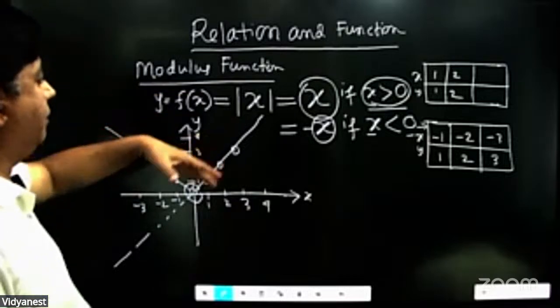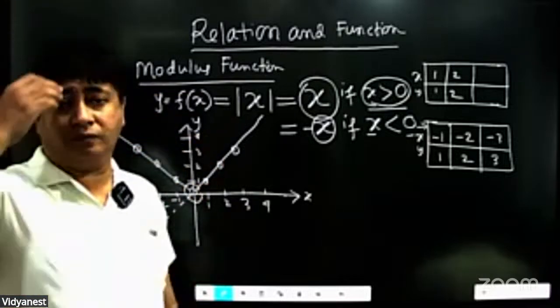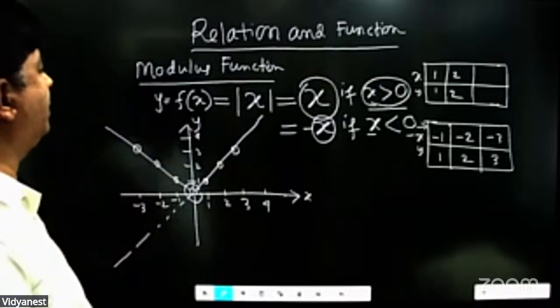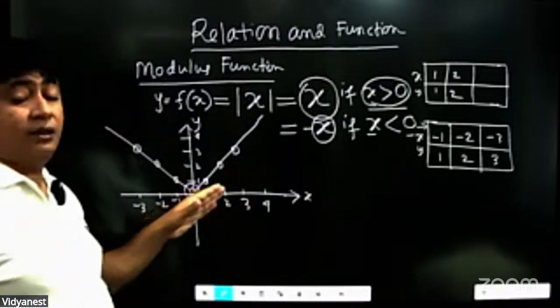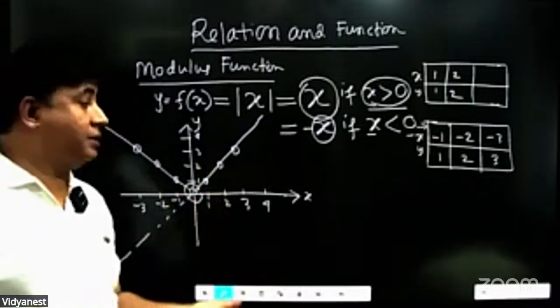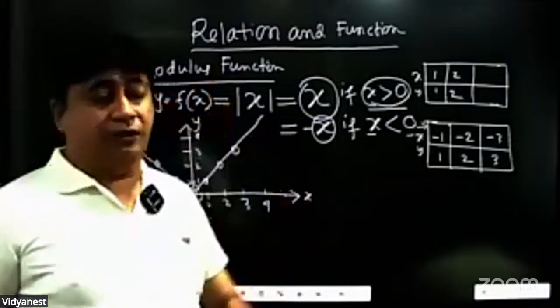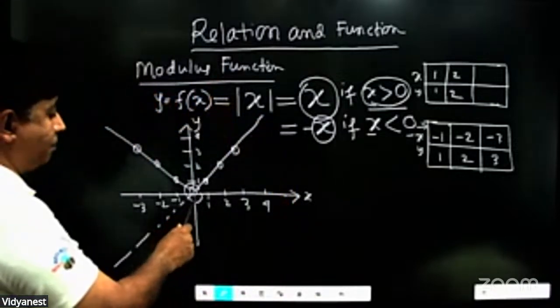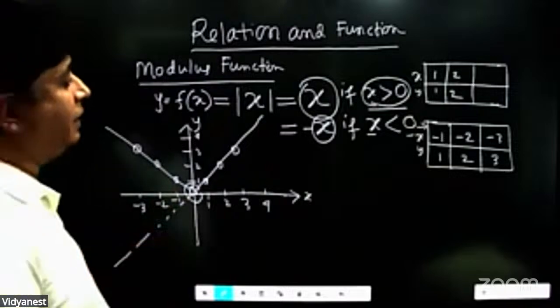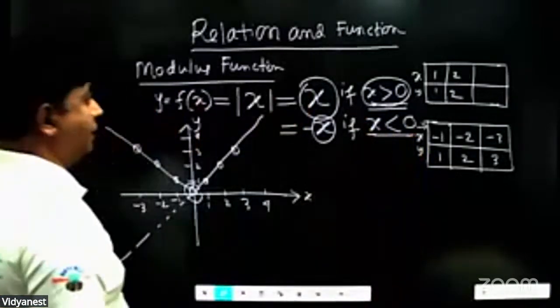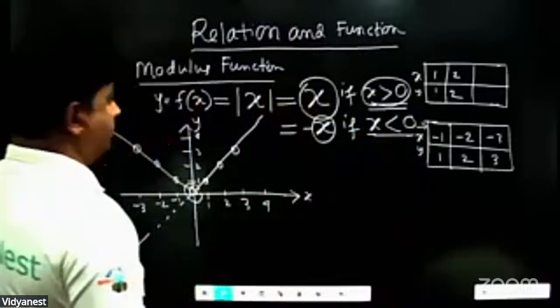This figure can be compared to the phenomenon of reflection of light, incident ray, reflected ray. But there is one question: what about that gap which is given here according to the required condition, x greater than 0?